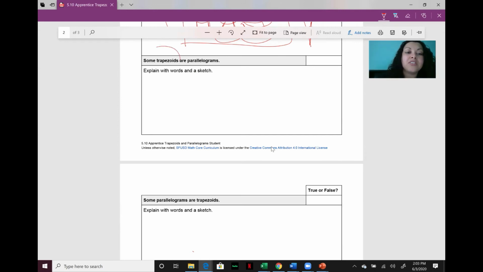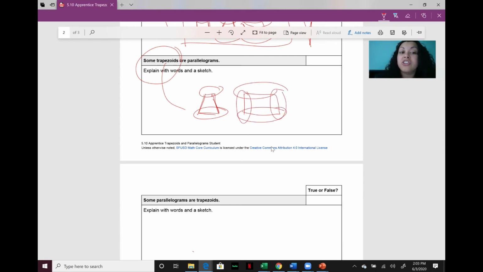The next one says some trapezoids are parallelograms. So we think about some trapezoids. Again, a trapezoid just means at least one pair of parallel sides. This can be something where it only has one pair of parallel sides, so right here and right here, or it could be something that has 2 pairs of parallel sides. It just means at least one pair of parallel sides.